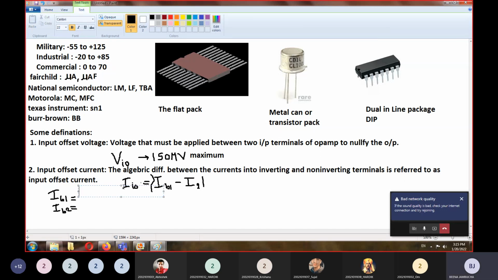IB1 is the current into non-inverting terminal and IB2 is the current into inverting terminal. ये जो ऑफसेट वोल्टेज की वजह से जो हमारे पास करंट मिलता है, ये जो ऑफसेट वोल्टेज है उसकी वजह से दोनों टर्मिनल्स में जो करंट फ्लो होता है, that is IB1 and IB2, और उसका जो डिफरेंस है it is known as input offset current.